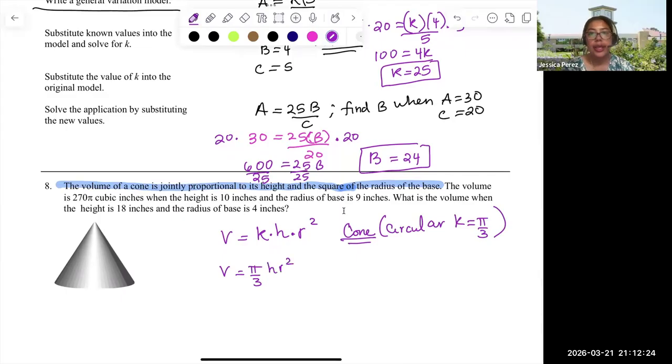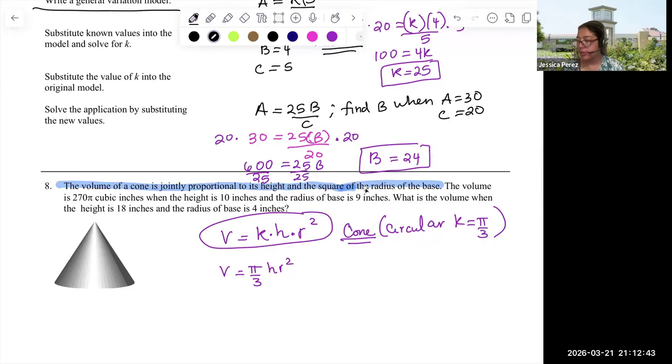Now, let's say we did not know that the constant for the circular cone was pi over 3. So how would we solve it? Let's say that we're given the volume is 270 pi.